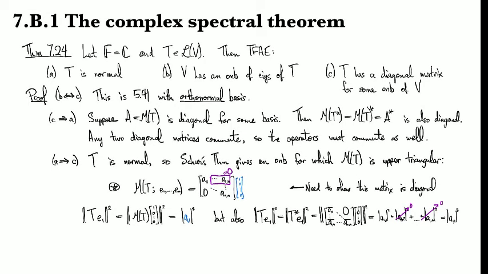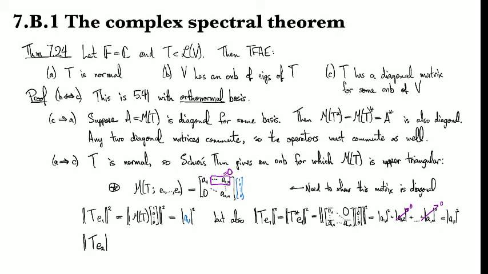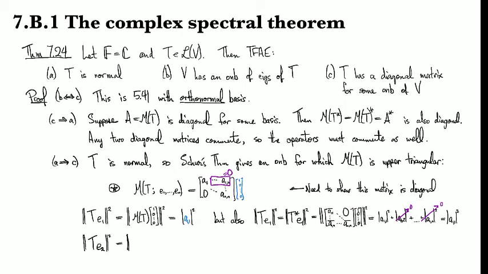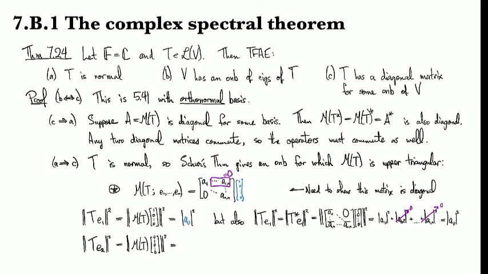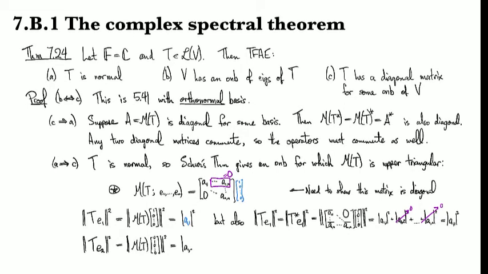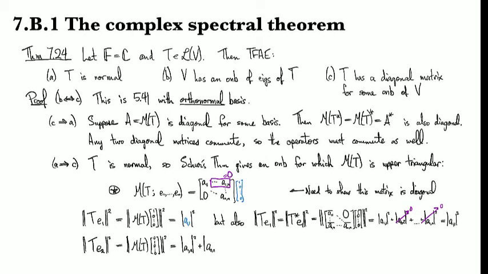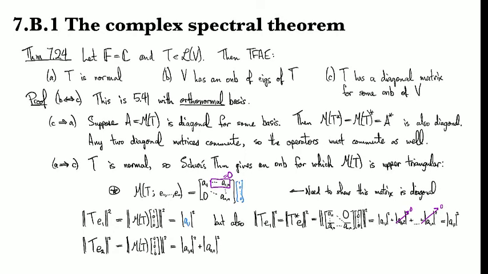So if we go to the next one, what does T do to the next eigenbasis vector? So then we've got M(T) times 0, 1, 0, etc. And then this is going to be A12 plus A22, and then all the others are going to be 0.